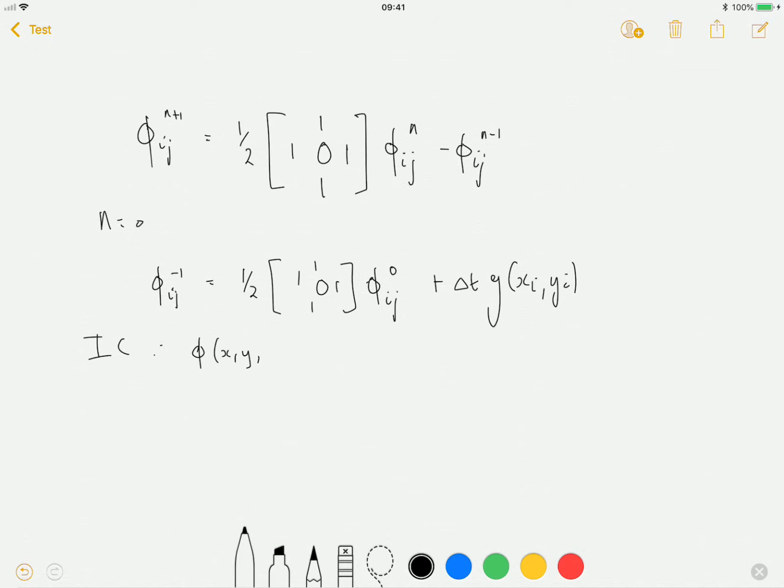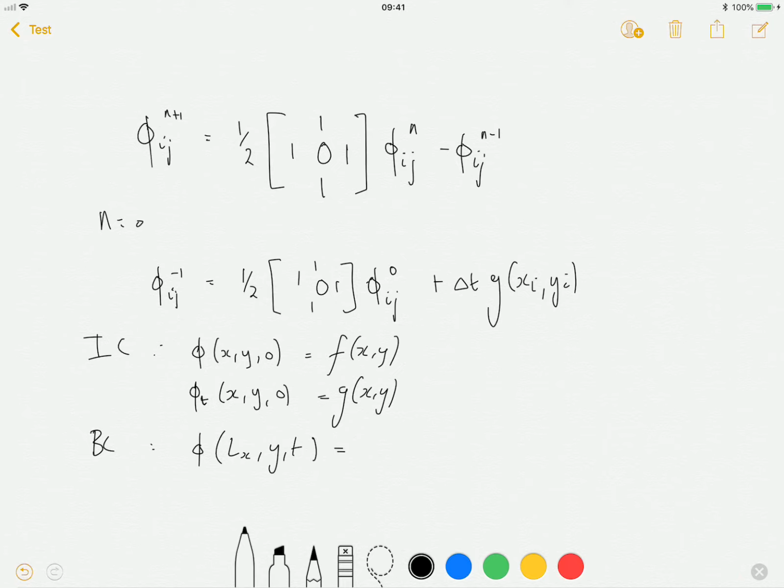So φ(x, y, 0) being equal to f(x, y), and then we have φ_t(x, y, 0) equal to g(x, y), and boundary conditions of φ(length in the x domain, y, t) being equal to φ(0, y, t), and lastly φ(x, length in the y domain, t) equal to φ(x, 0, t).